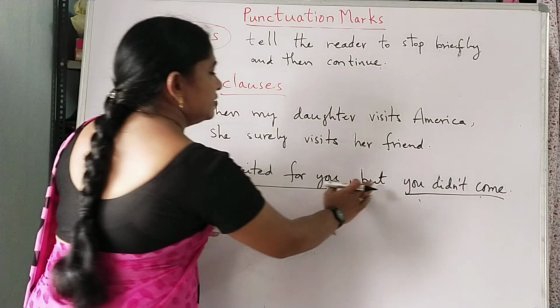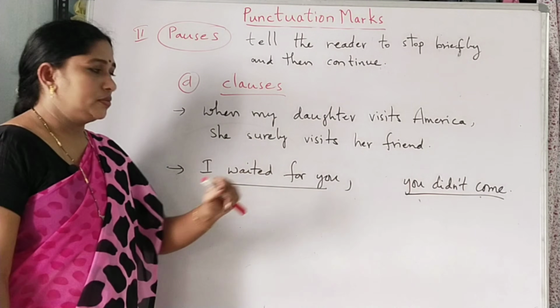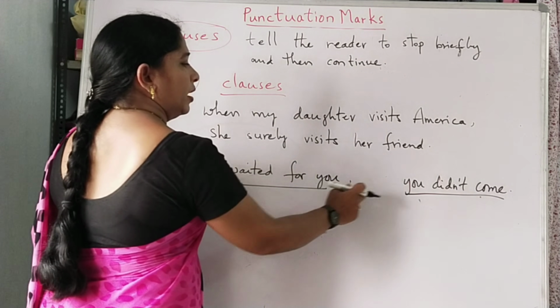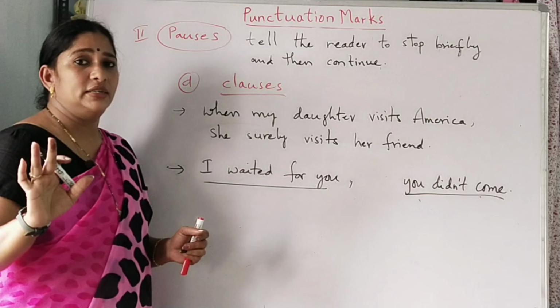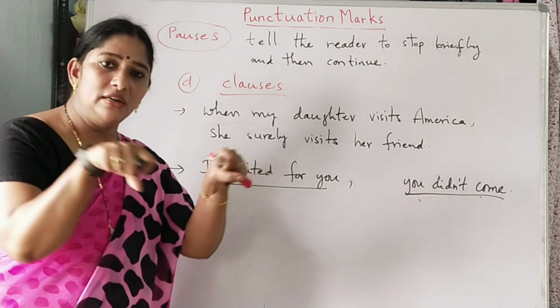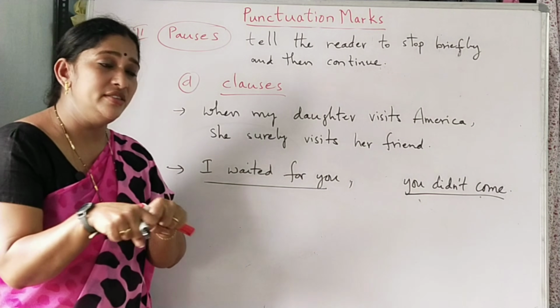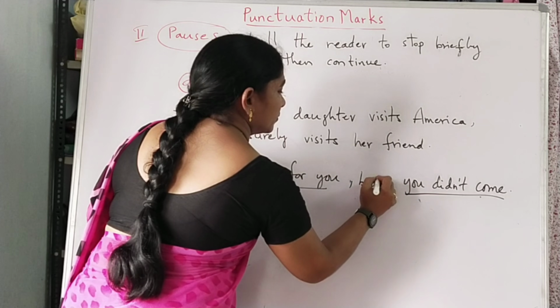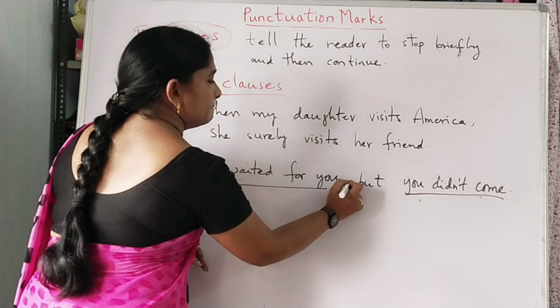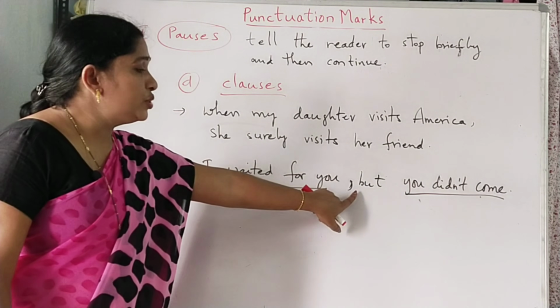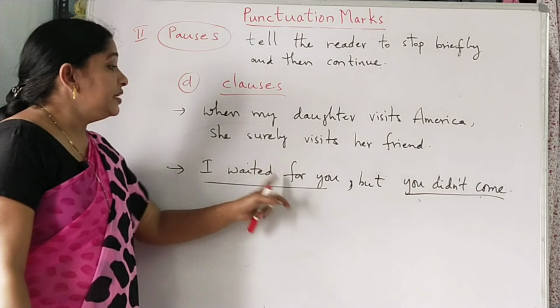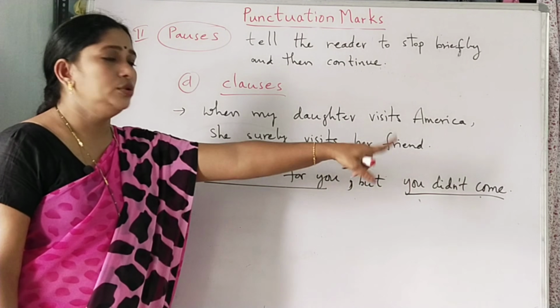This is wrong: I waited for you, comma, you didn't come. That's the wrong method. We have to combine the two sentences, two main clauses, with a coordinating conjunction, but. And before but we need to give punctuation, a comma there. I waited for you, but you didn't come.